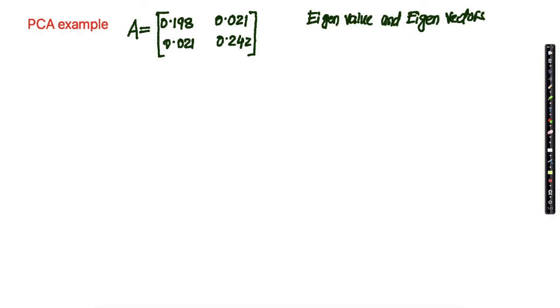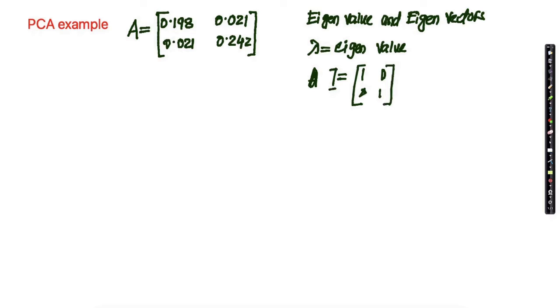To compute eigenvalue and eigenvectors, let us assume that lambda is the eigenvalue and I is an identity matrix of 2 by 2, denoted as 1 0 0 1. This is the identity matrix of 2 by 2.